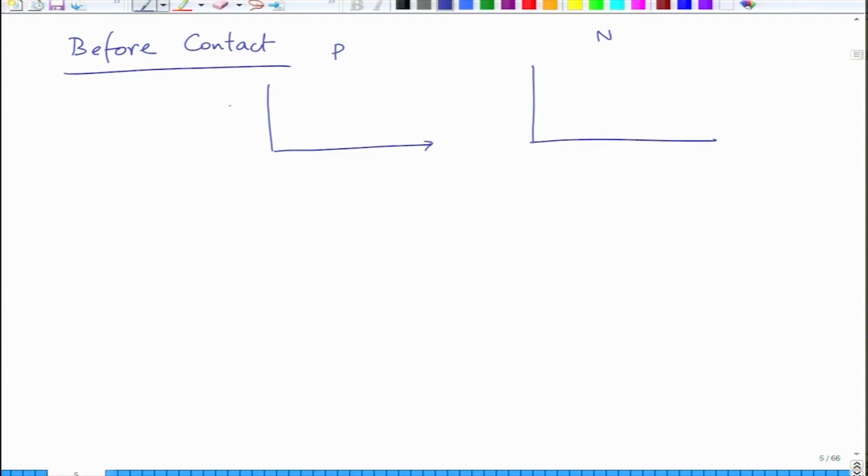If I plot the P plus density, my density is like this, okay, and in the N side, P plus is very small, there is very little P plus. This is X, and somewhere here you have the interface, right, before the contact. So this is the positive charge carrier density. Positive charge carrier density is very high in P type semiconductor, and very small in N type semiconductor.